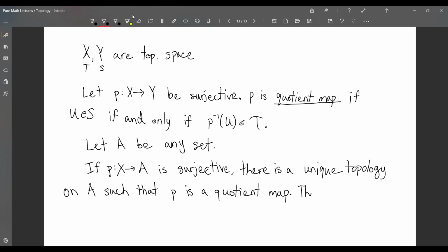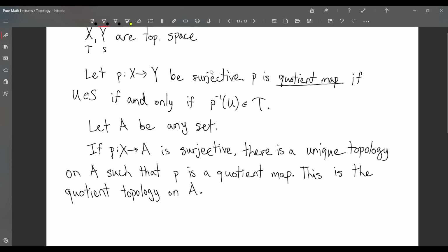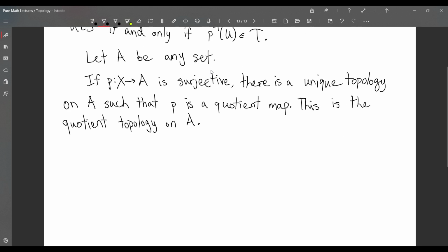And so this is the quotient topology on A, right? And that concludes this lecture.